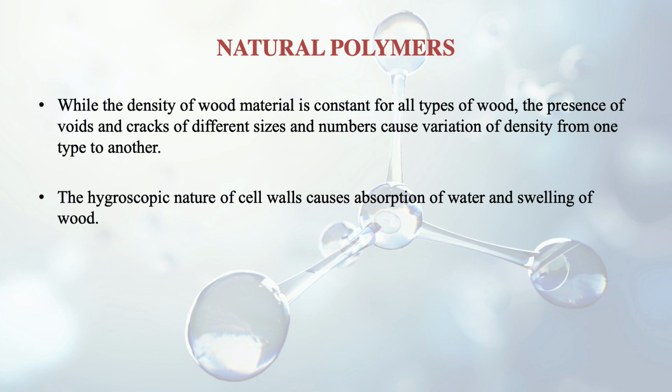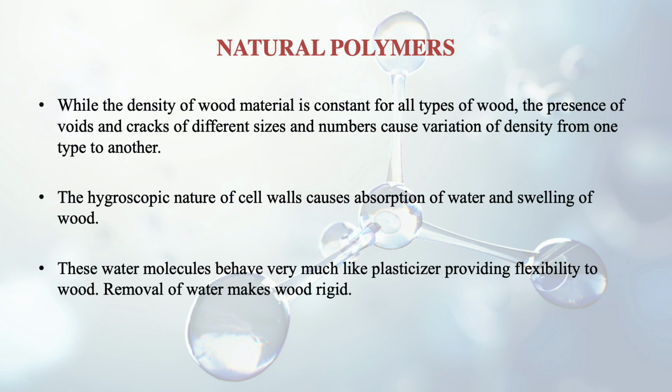So the density will vary according to the number of voids and cracks in the particular wood. The hygroscopic nature of cell walls causes absorption of water and swelling of wood. So wood is a hygroscopic material, that means it attracts and absorbs water.